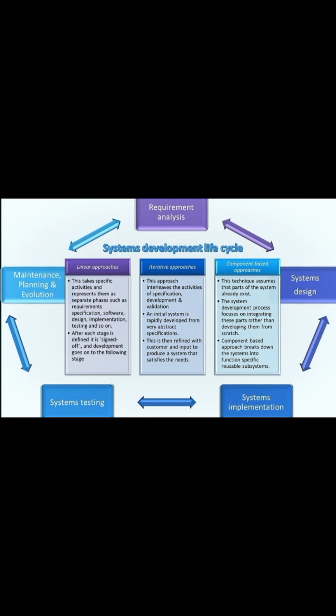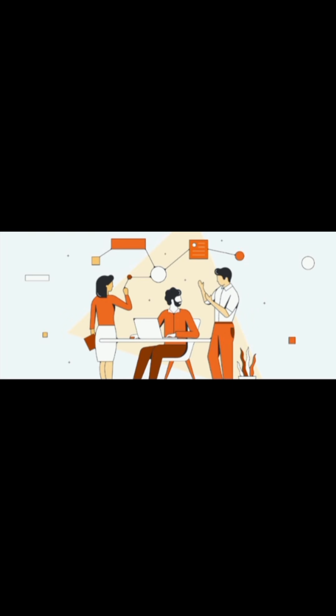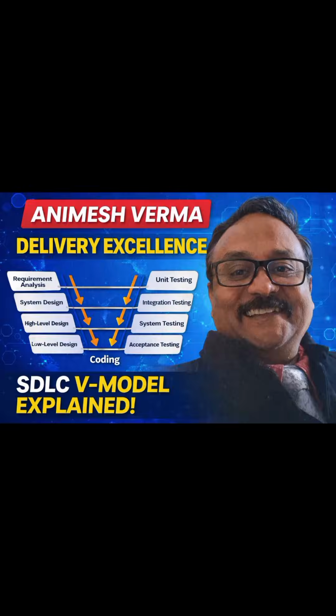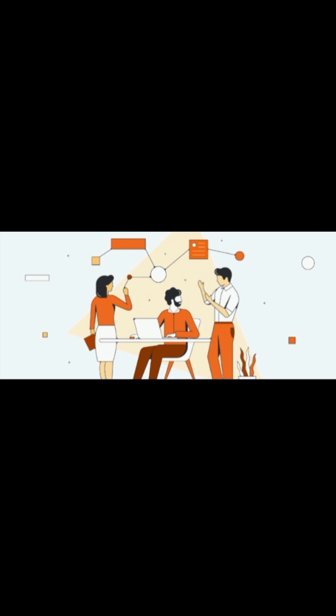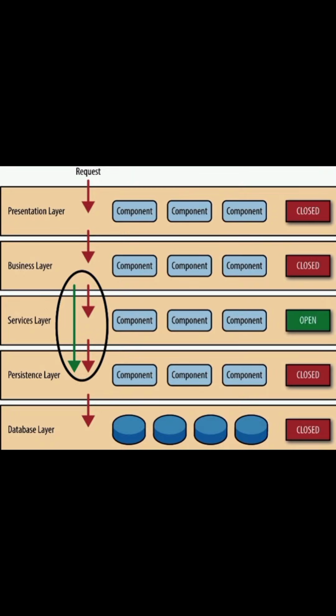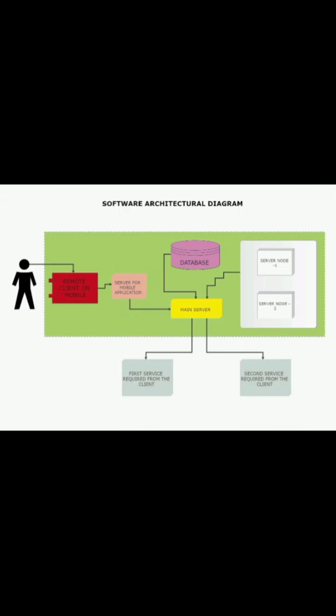So, dear friends, this is a very important phase because system design analysis transforms business requirements into clear technical architecture, and design reviews play a crucial role in preventing risk, rework, and escalations because they are very important in terms of decision making for delivery excellence.